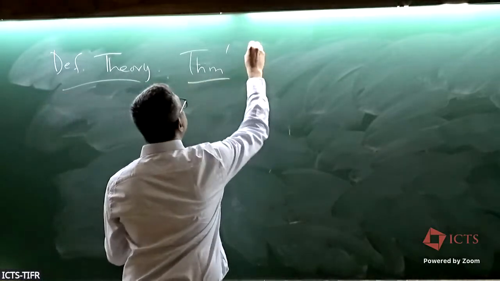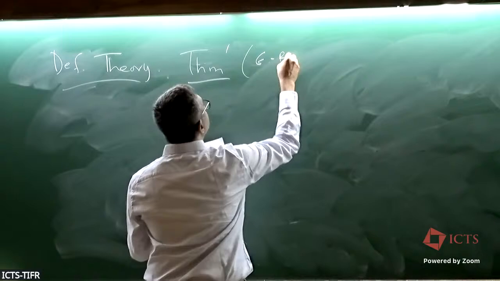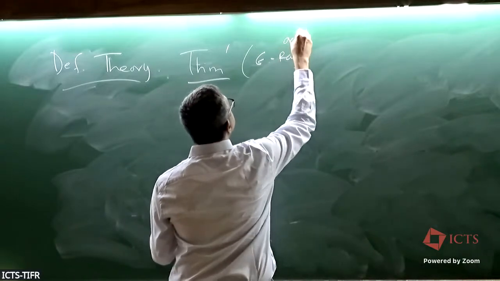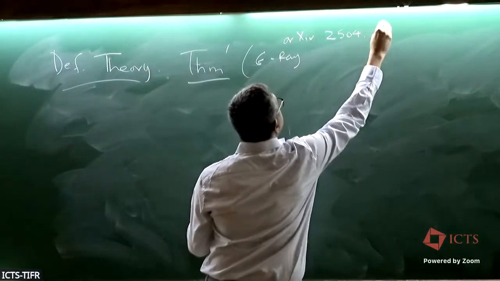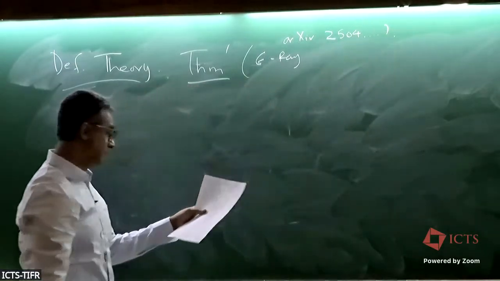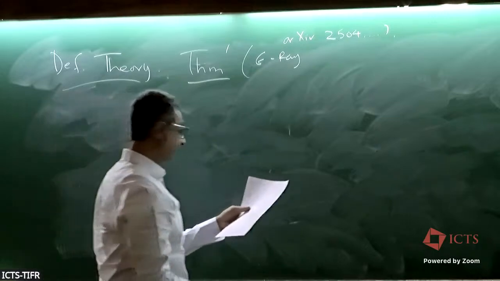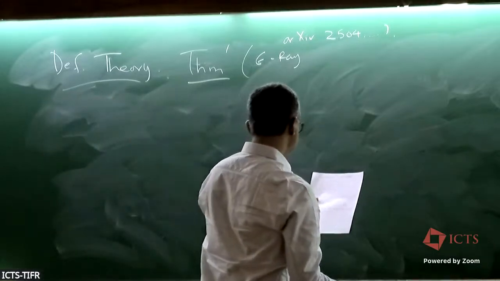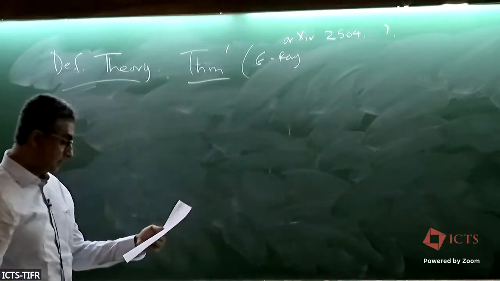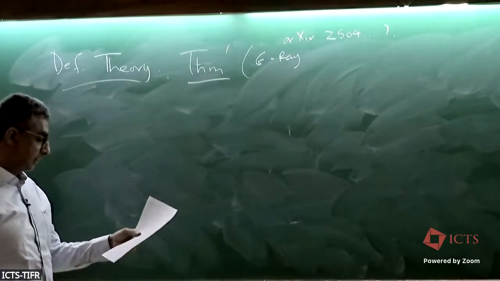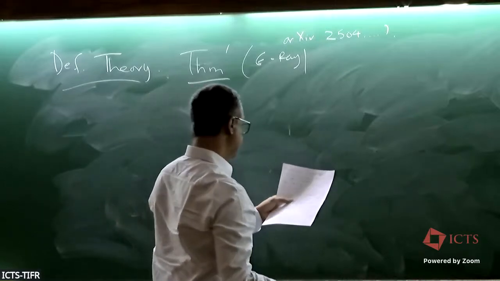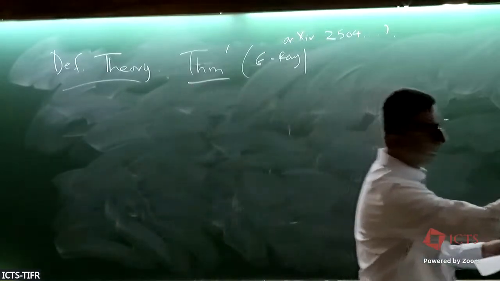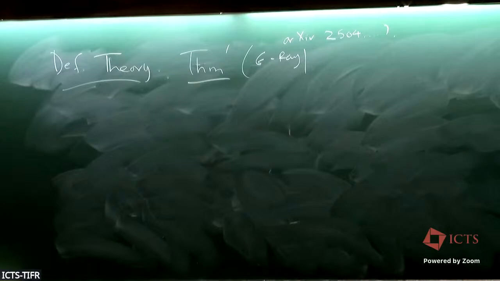Maybe I didn't put the reference. This is arXiv 2504 point something. This is already on the internet. This is Theorem 5.7 from that paper. Anyway, it's the sort of main technical theorem. It's a redoing of Hamblen-Ramakrishna in our setting to control the Tamagawa numbers as you're lifting.